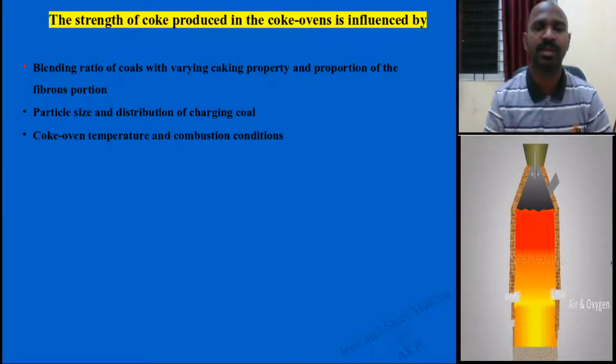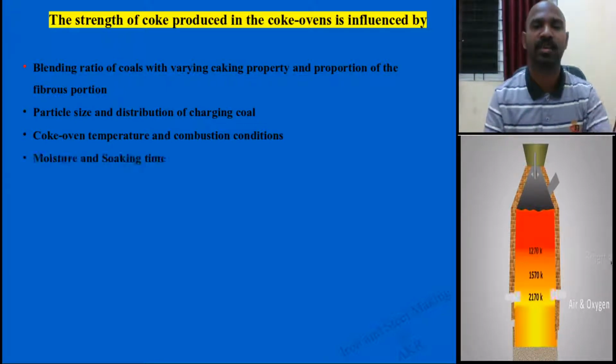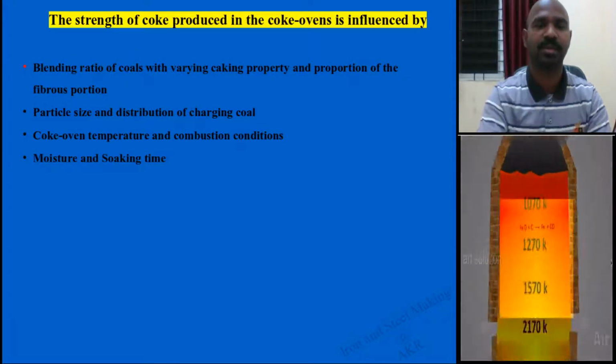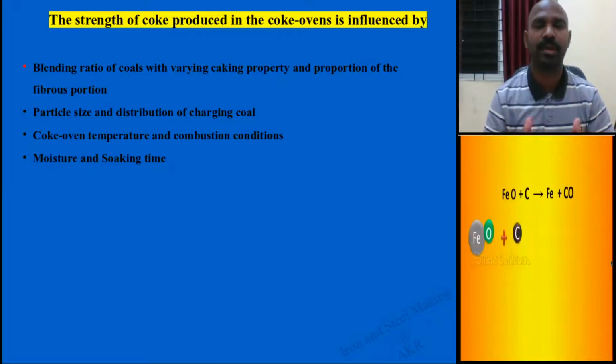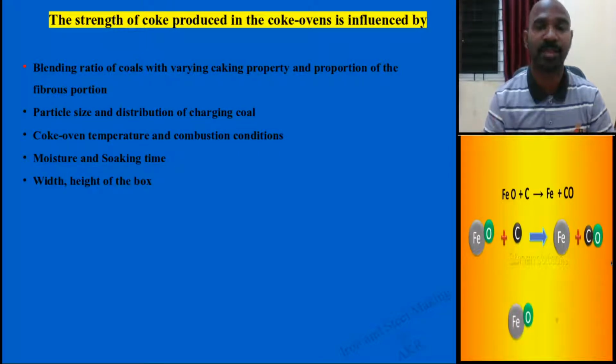And coke oven temperature, what temperature was utilized during carbonization, combustion conditions, is it producing the reducible gases or not, and moisture content, is it low, soaking time, how much time is allowed, is it 24 hours like the recoverable coke oven, is it 48 hours in the non-recoverable coke oven, and width and height of the chamber.